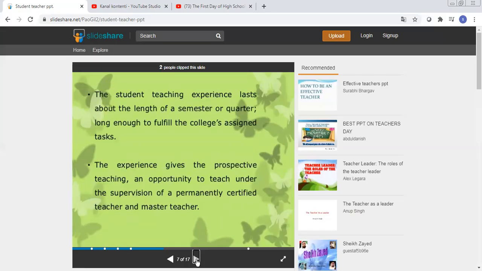The student teaching experience lasts about the length of a semester or quarter, long enough to fulfill the college's assigned tasks. The experience gives the prospective teacher an opportunity to teach under the supervision of a permanently certified teacher and master teacher.